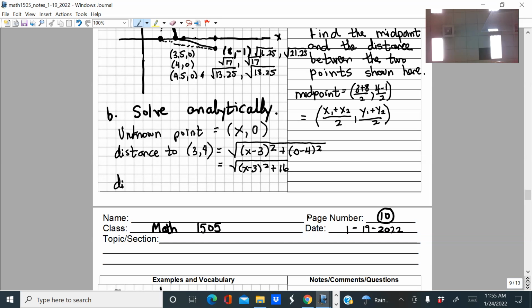What about the other distance? So that's the distance to, what was the other point? Can I see that one? 8 minus 1. So, so easy, right? Now that we've seen this one, it's going to be what? x minus 8, right? Squared, is that correct? Plus then, 0 minus a minus 1.